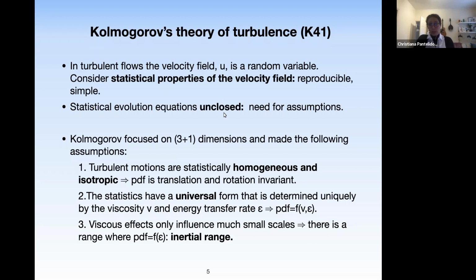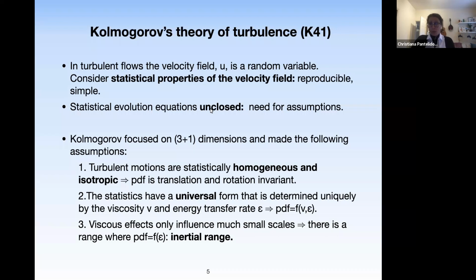What I mean by that is that they had more variables in these equations than equations to solve. And this issue of unclosure essentially came from the nonlinearities in the Navier-Stokes equation. So the punchline here is that in order to make any progress, they had to make assumptions. And this is precisely what Kolmogorov did.